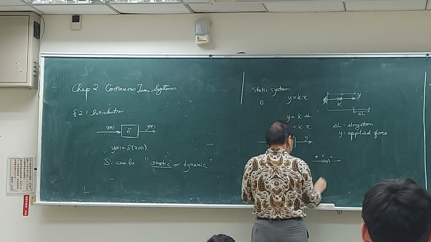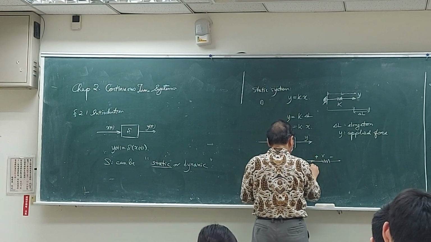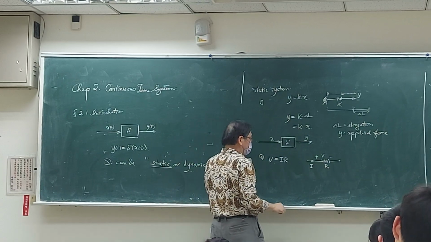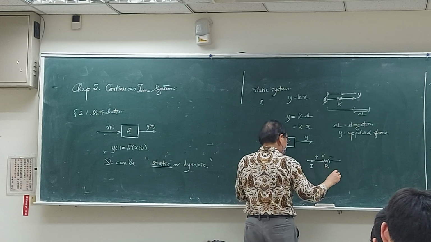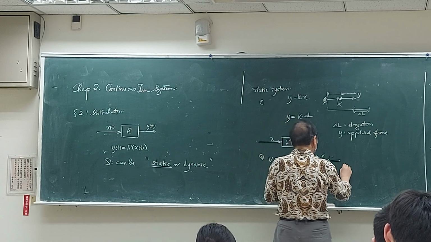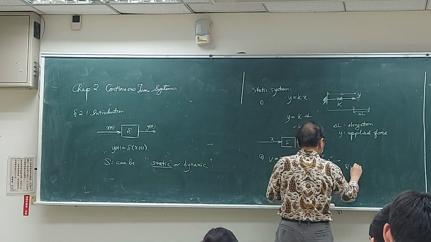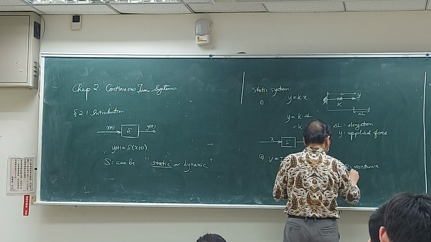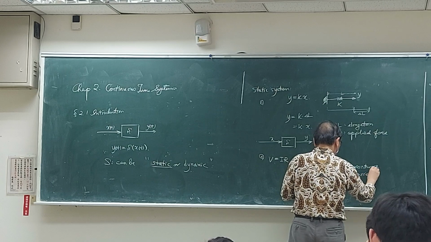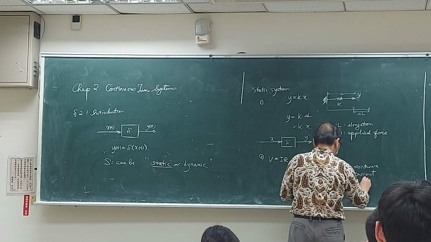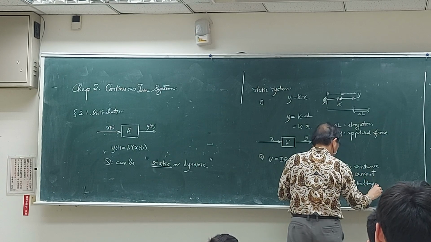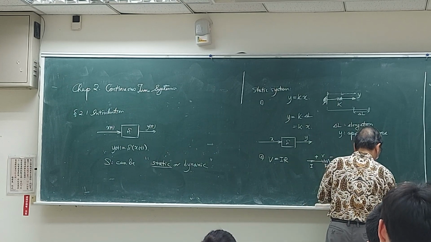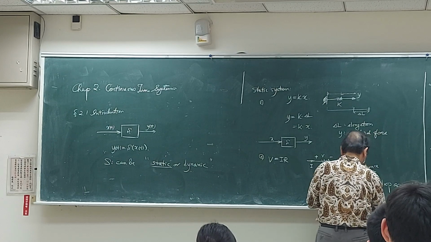The voltage drop is V, the current going through the resistor is I. So R is the resistance, I is the current, and V is the voltage drop across the resistor.